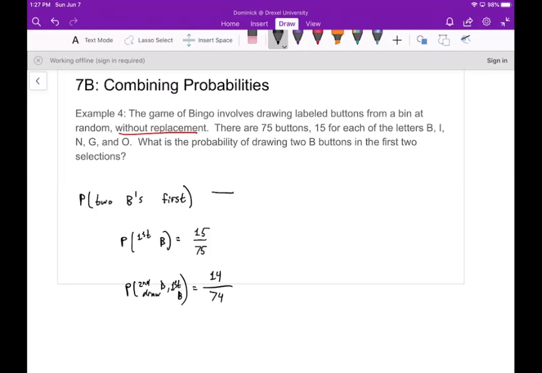So the probability that the first two draws are both B's would be 15 over 75 times 14 over 74.